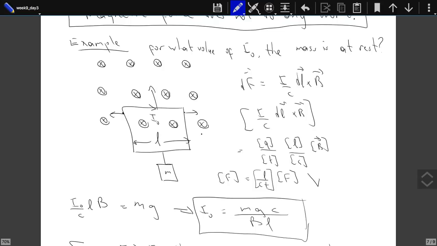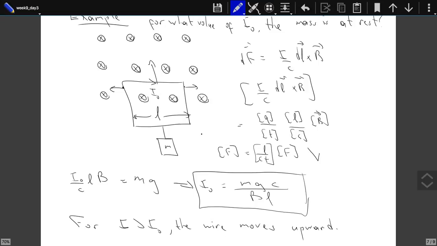Basically, we have a region of space which carries a uniform magnetic field into the screen. In this region, we put a current-carrying wire which carries some mass M. Due to the current in a magnetic field, this loop will feel a force, and if the current is equal to mgc over BL, in that case, the force acting on the wire will balance the weight of the mass, so the object will just stay in mid-air.